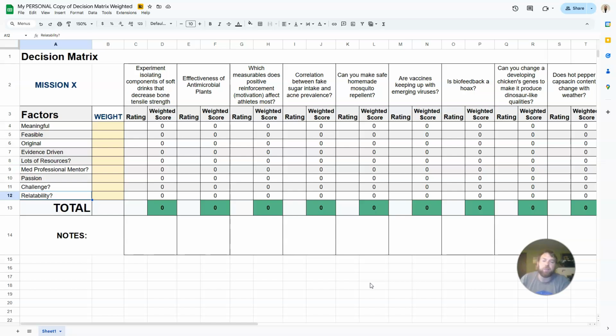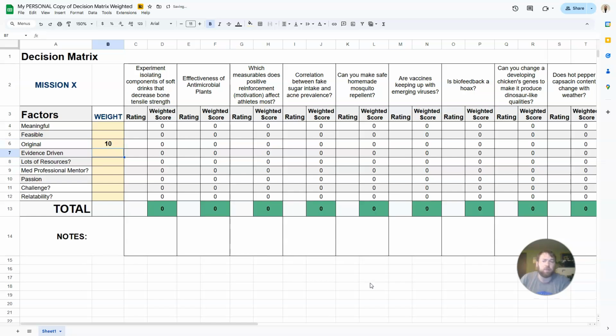What I want you to do after coming up with these factors here, whatever they may be, is give them a score, a weight that shows how important they are to you on a scale of maybe 1 to 10 or 1 to 5, up to you entirely. For example, I think it's really important for my ideas to be new and original, so I'm going to rate that the highest, as in that's most important to me.